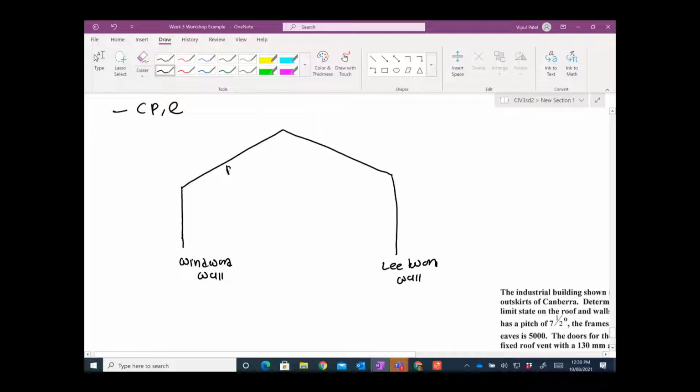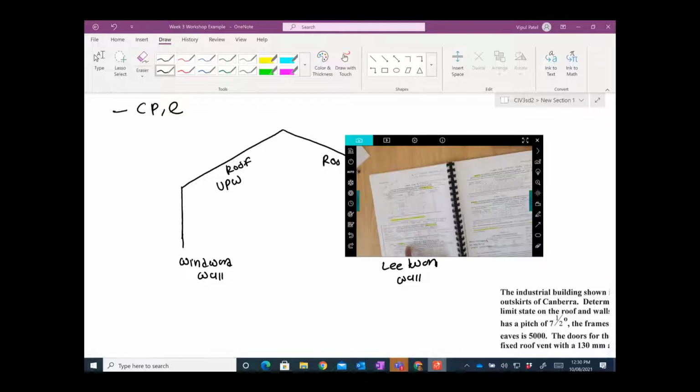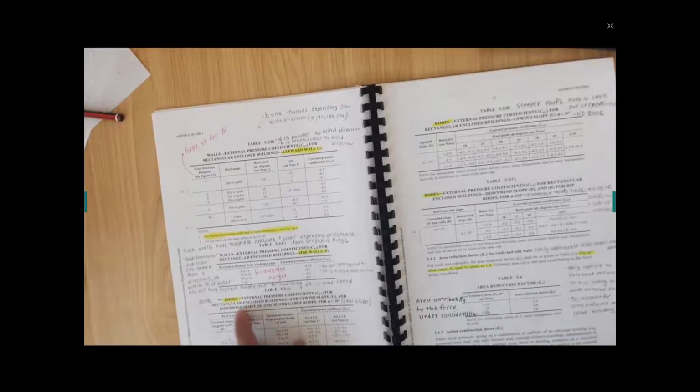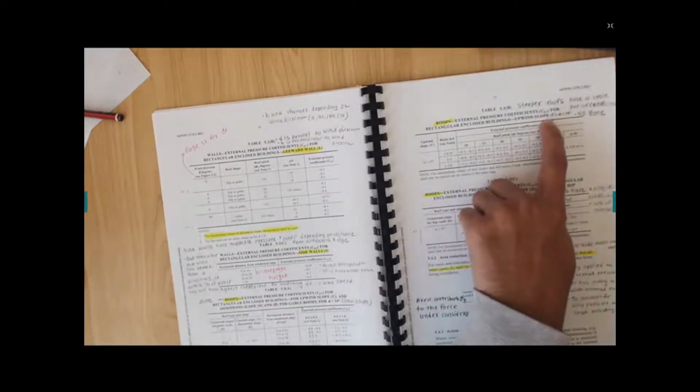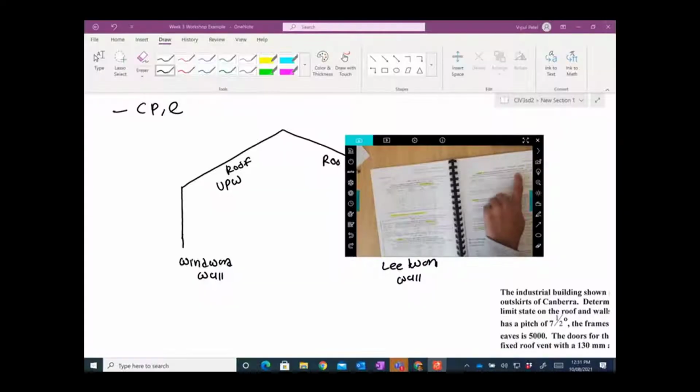And this one is roof. They call this roof upwind slope, or I can tell you where the word is. Let me find out that roof, downwind slope. Okay, here you go. They talk about downwind slope and upwind slope in Table 5.3. That's how they classify the roof.